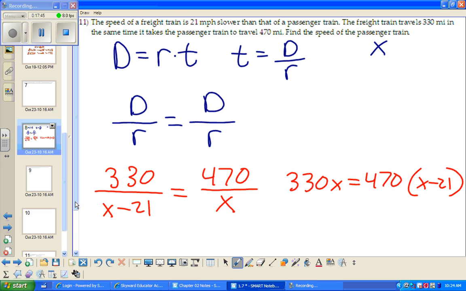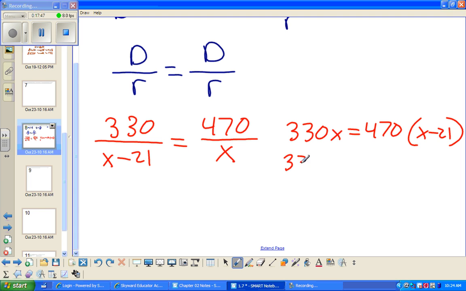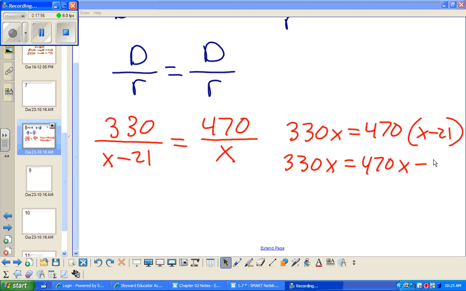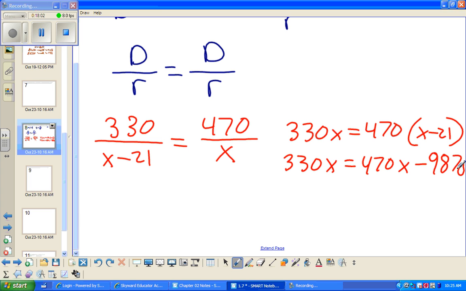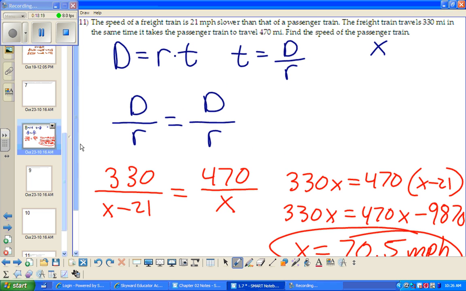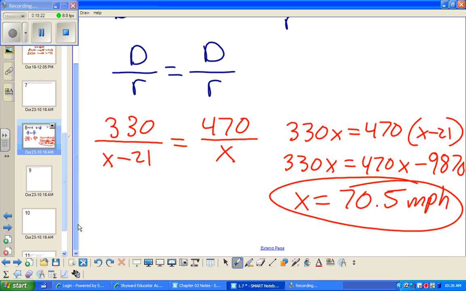And then solve. So then get your x's on one side, your numbers on the other. x will end up equaling 70.5 miles per hour. What is that telling me? That's telling me the speed of the passenger train, that was our x variable, is 70.5 miles per hour.